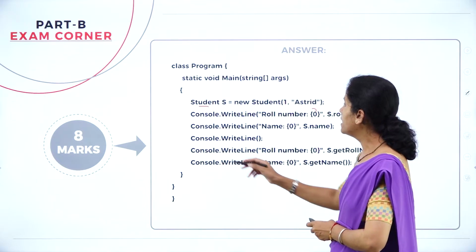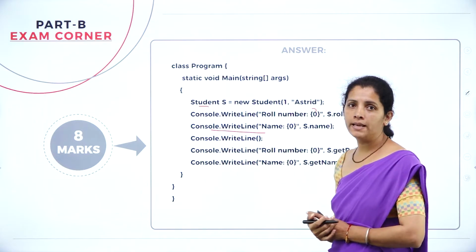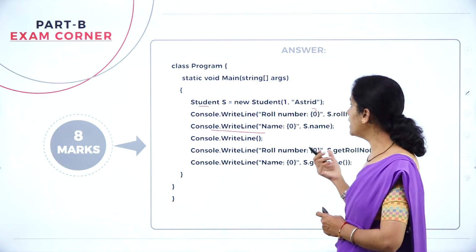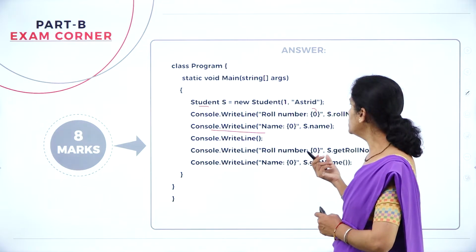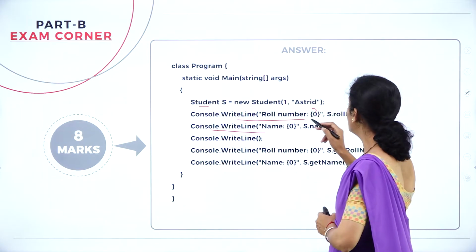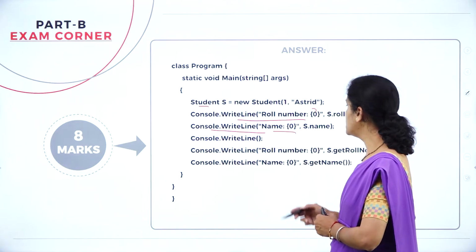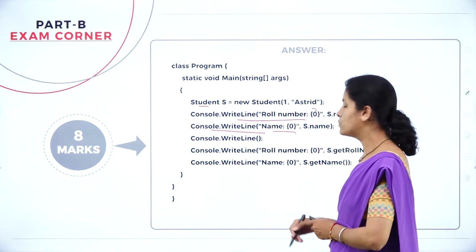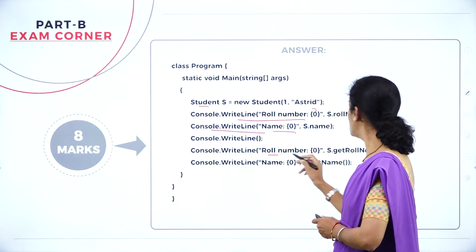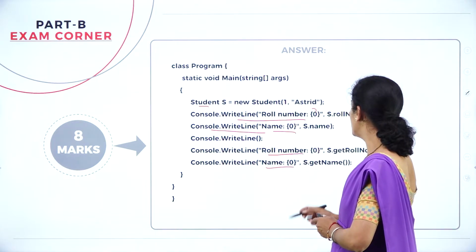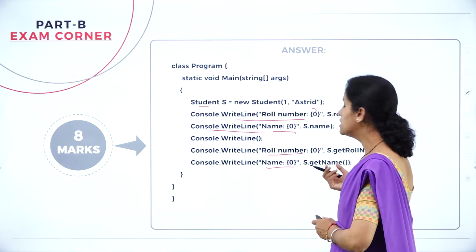Now, I want to display the values one after another. So, dear student, first I want to display the roll number, then I want to display the name, then I'm going to display the roll number as well as the name.